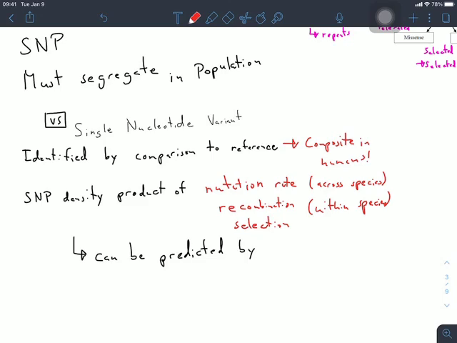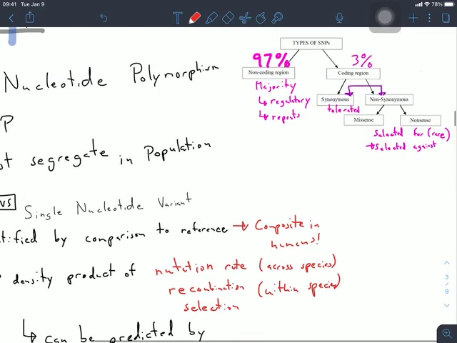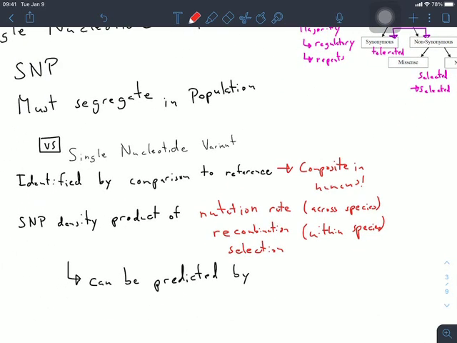Well, the most straightforward thing that can predict SNP density is the presence of genes or not, right? If we see that genic regions or coding regions have lower SNP density, then whatever molecular features of our genes can also predict SNP density to be lower.